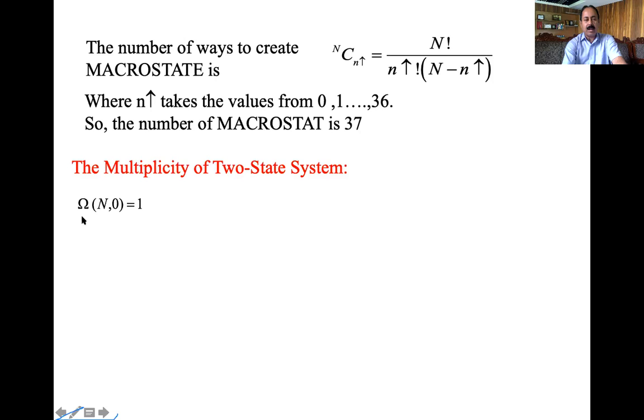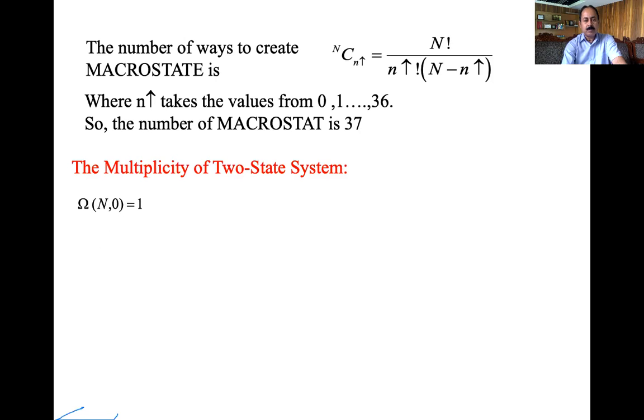Here, omega N0 means the total number of microstates is capital N, and out of this, the number of spin up is 0. How many microstates are available? 1. So for this macrostate omega, the multiplicity is 1, right?